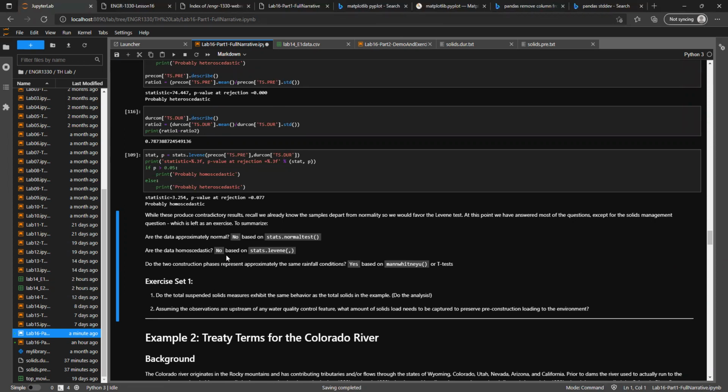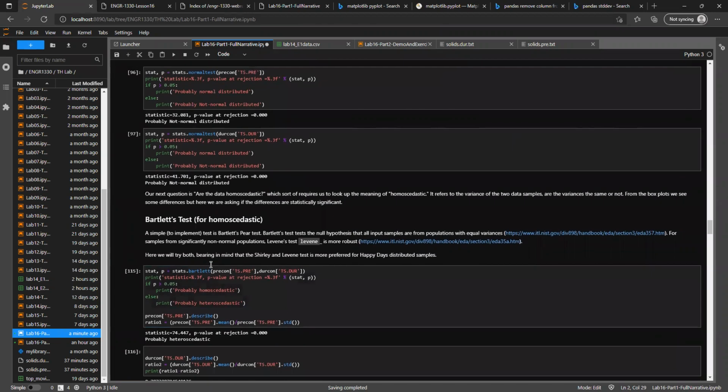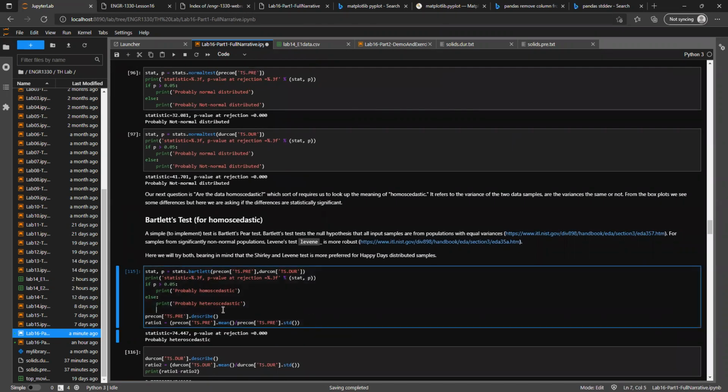You don't particularly need to know exactly how these tests work. What you do need to know is what code do I need to copy and paste? Which test do I need to apply? And given that test, did it reject or fail to reject? What were we looking at as the null hypothesis?